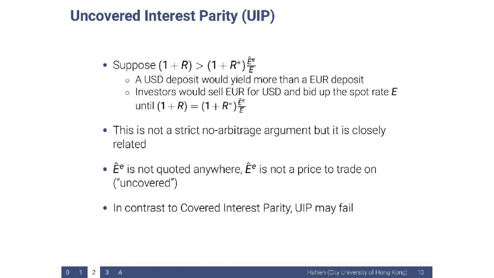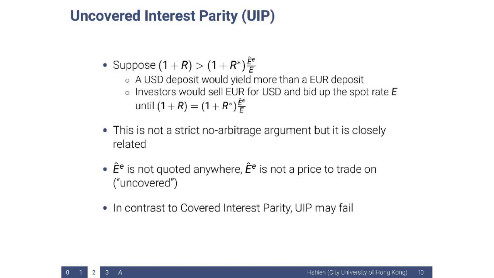So in the case where you have a USD deposit, and again, USD I usually refer to as the domestic currency, suppose the domestic currency deposit rate yields higher returns than the foreign deposit rate. As you remember from previous weeks, when you see that gap, it means that you should borrow at the low interest rate and invest in the high interest rate.